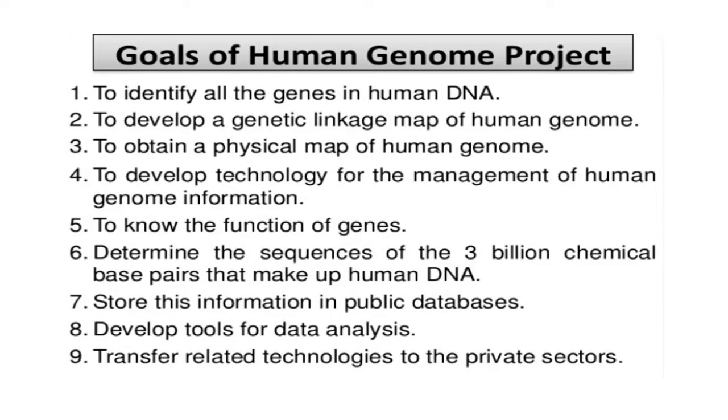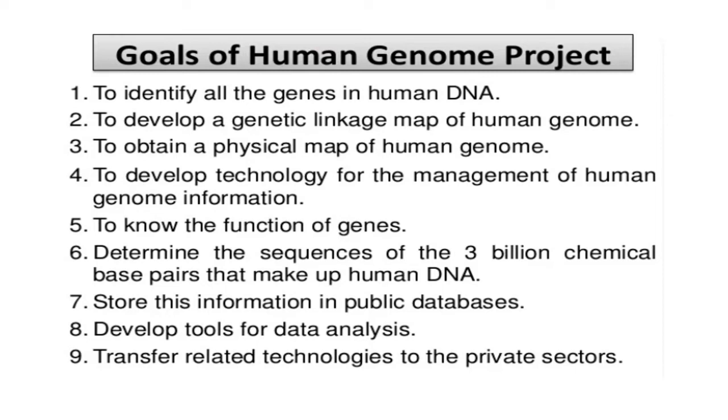If there are milestones over the years of the Genome Project, of course, there are goals of the Human Genome Project. First, to identify all the genes in human DNA. Second, to develop a genetic linkage map of the human genome. Third, to obtain a physical map of the human genome. Number 4, to develop technology for the management of human genome information.